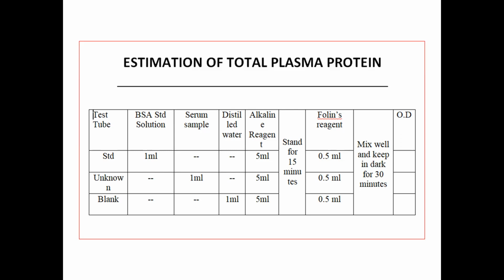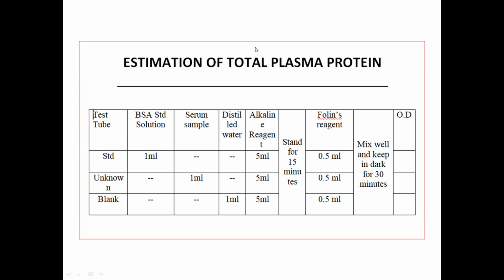In blank, you will add 1 ml of distilled water and 5 ml of alkaline reagent. See children, the purpose of making a blank in any assay is to calibrate the machine with the chemical's color. This is our basic aim.